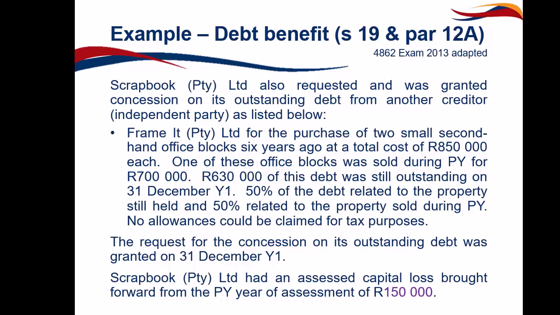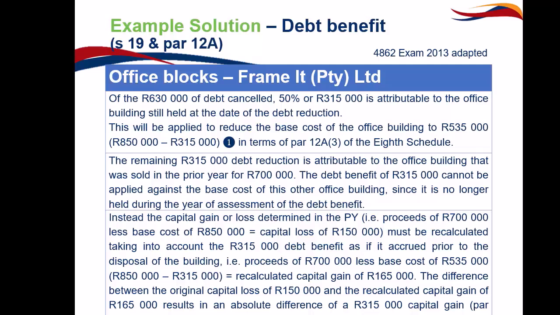So we've already established that there's a debt benefit and that none of the exclusions are applicable. And we also have established that the debt was used to acquire a capital asset for which we were not entitled to allowances. So let's see how we're going to look at the answer.